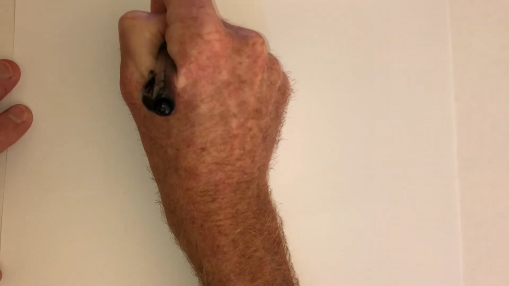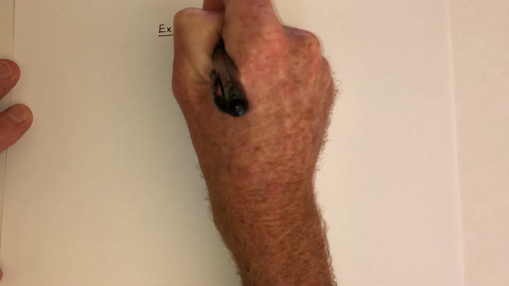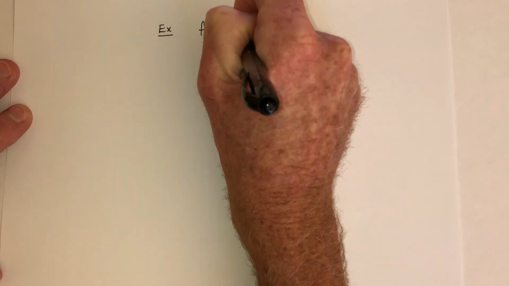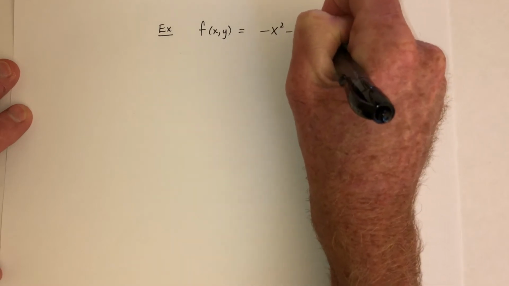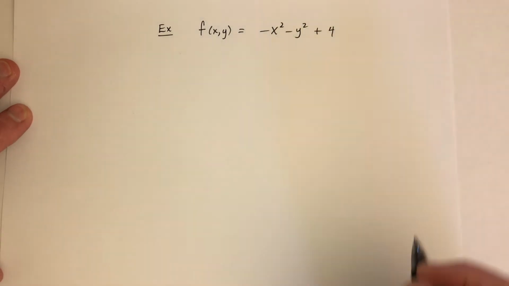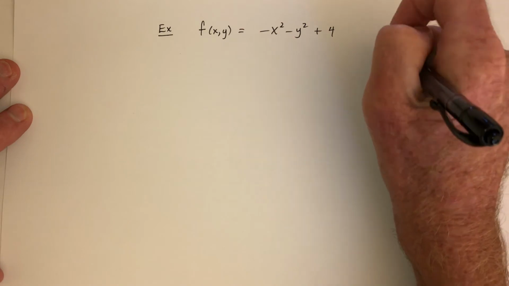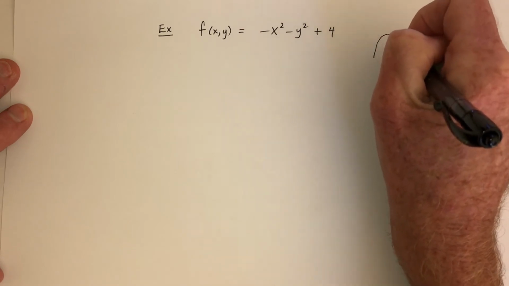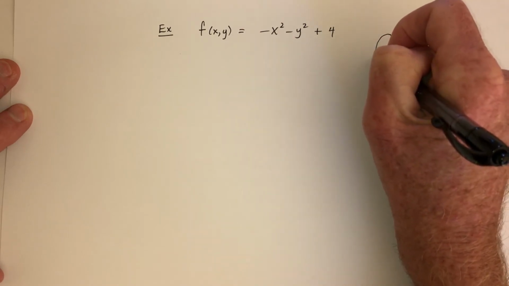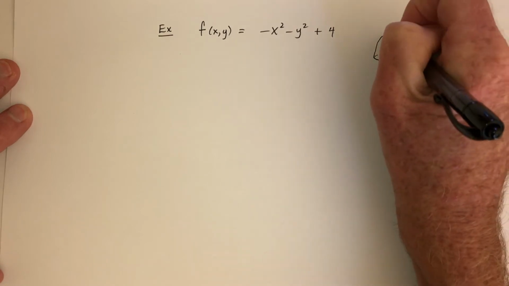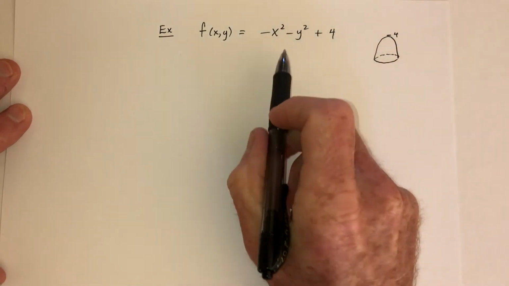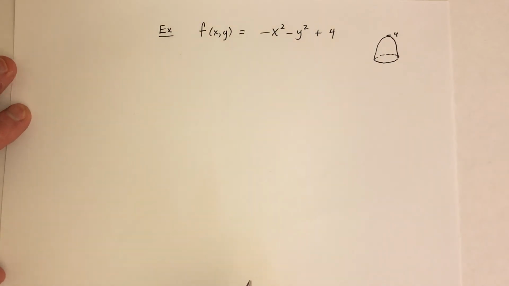And then for an example or two, so for the first example, let's say that the function is negative x squared minus y squared plus 4. So that would look like a paraboloid that got shifted up, that's upside down because of the negatives, and it got shifted up by 4.